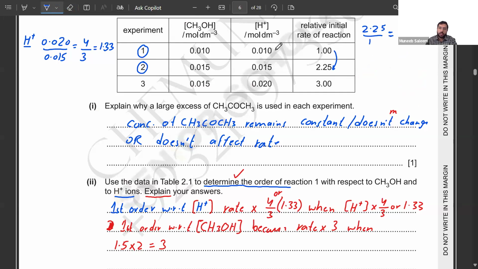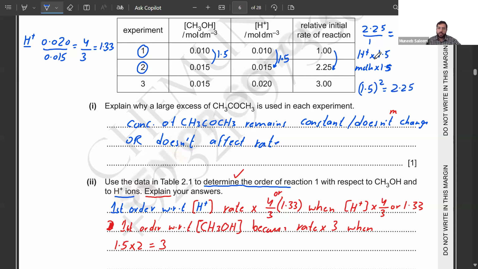In this case, the change in hydrogen ion is 1.5 times, and similarly for the methanol 1.5 times. The hydrogen ion is changed by 1.5, methanol is changed by 1.5, but the rate change is 2.25. Now what do you consider here? We can suggest that the square of 1.5 is equal to 2.25.